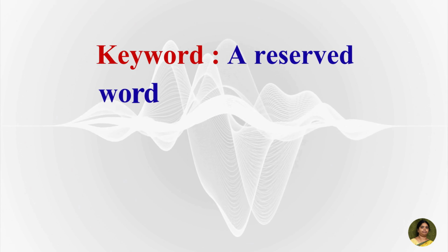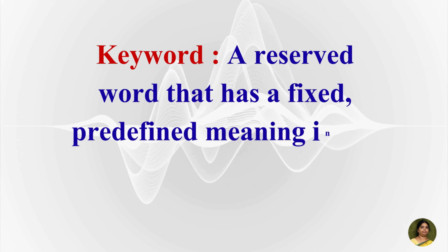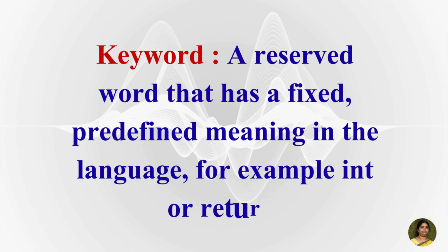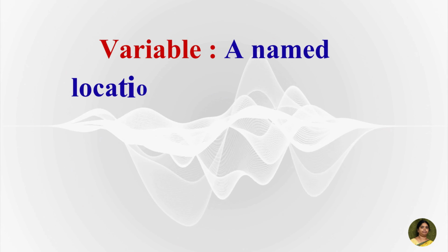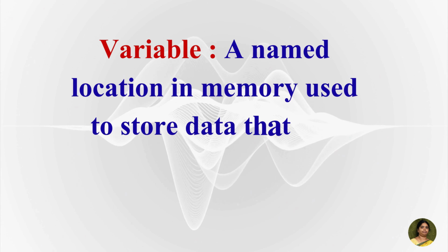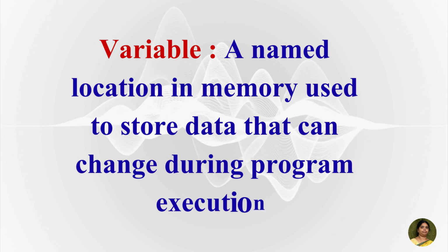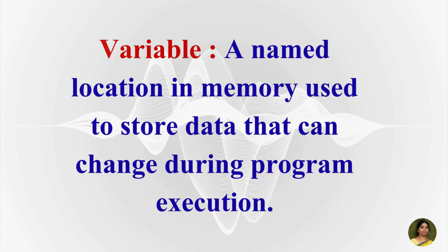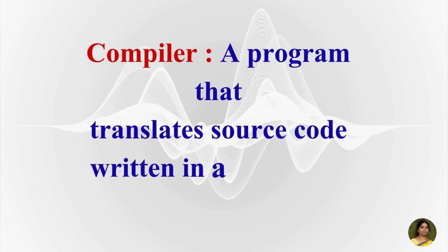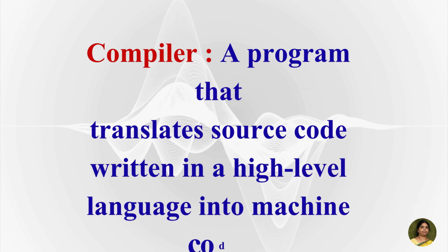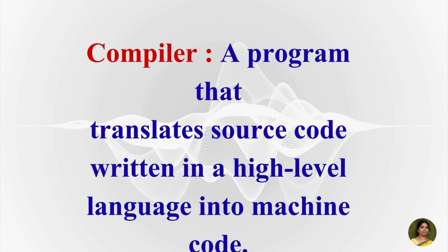Keyword: a reserved word that has a fixed, predefined meaning in the language, for example, int or return. What is a variable? A named location in memory used to store data that can change during program execution. And lastly, compiler: a program that translates source code written in a high-level language into machine code.